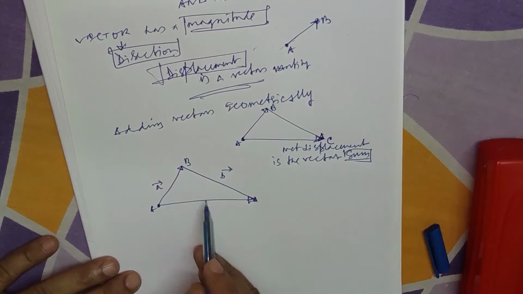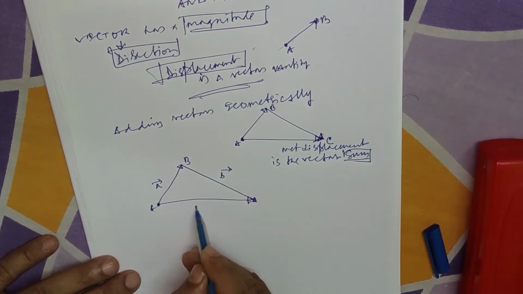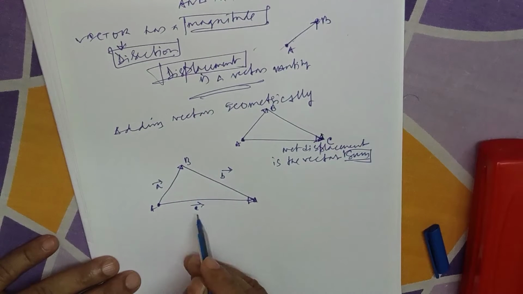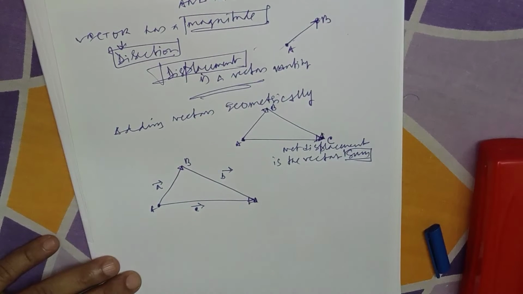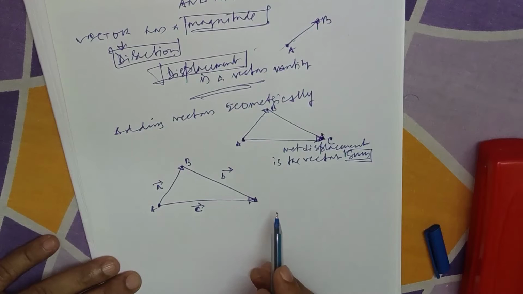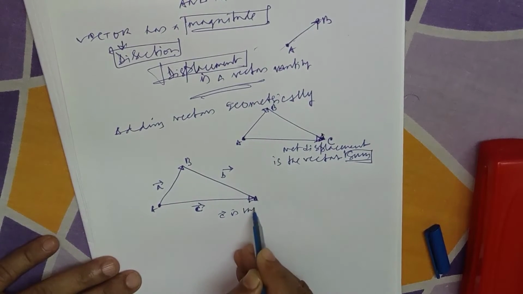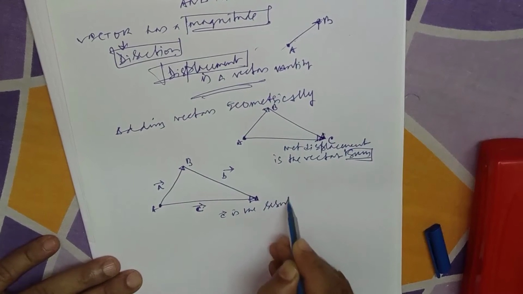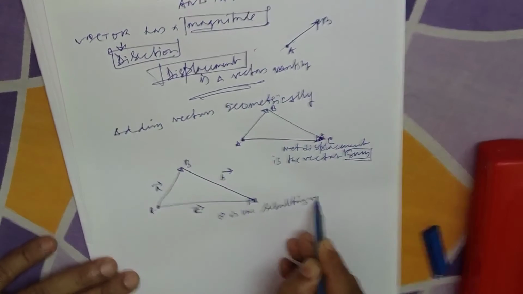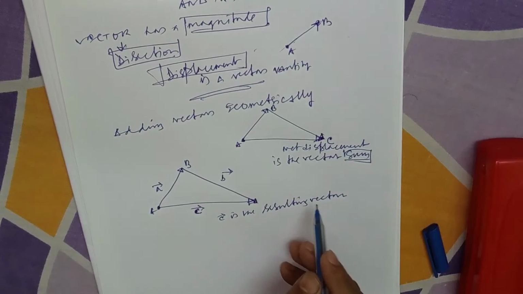So if it is C, this is the resulting vector, the resultant vector. C is the resulting vector from tail to A. The C is the resulting vector.